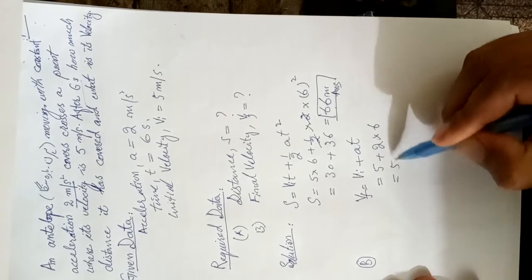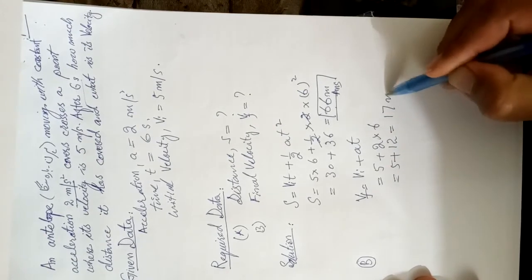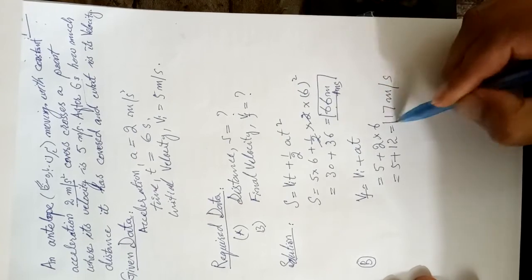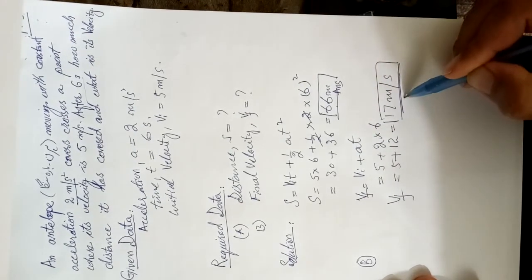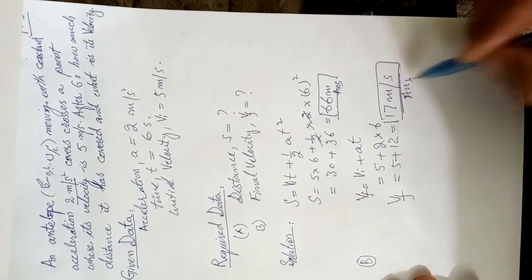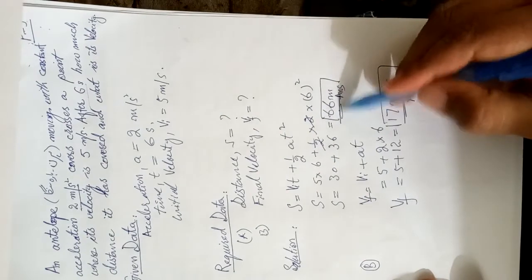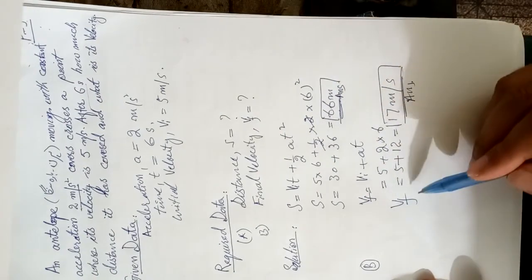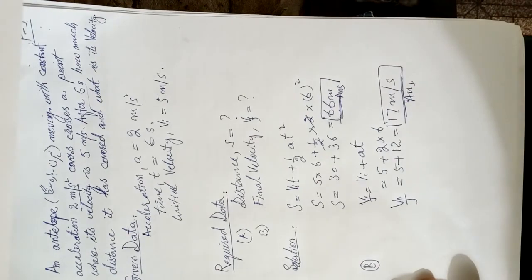So 5 plus 12, we will get 17 meter per second. So that is the final velocity. So part A, it will cover a distance of 66 meter. Part B, its final velocity will be 17 meter per second.